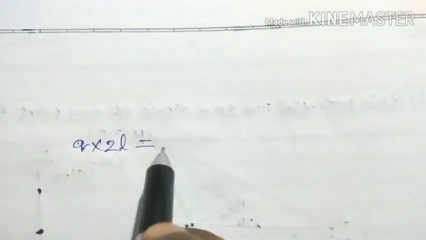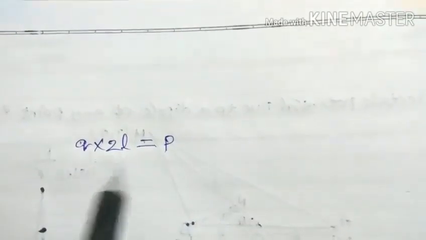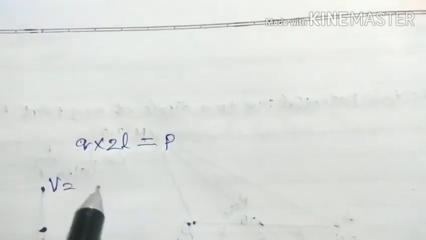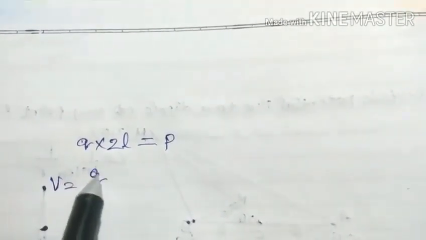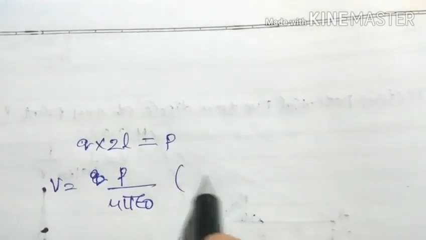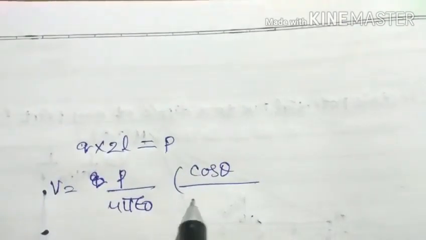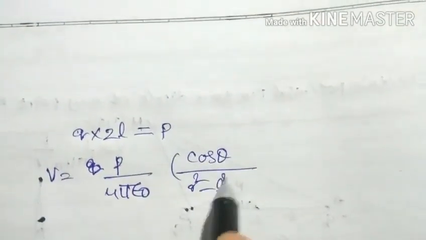So here the product of charge and the distance between the two charges is known as the dipole moment. So we can write V is equal to P by 4 pi epsilon naught, cos theta by R square minus L square cos square theta.